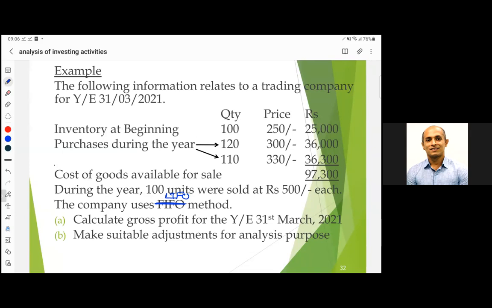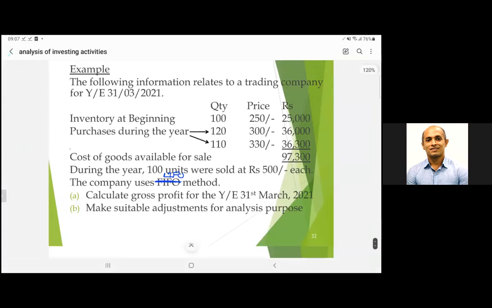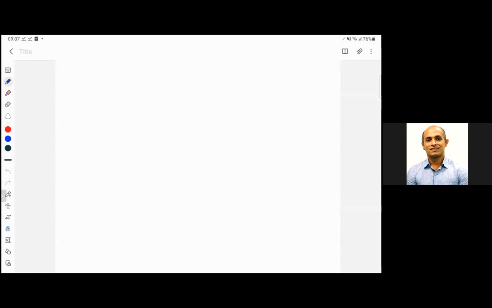First calculate cost of sales, then inventory at the end, and see how we are going to adjust the inventory value. Quickly find out cost of sales and inventory at the end.